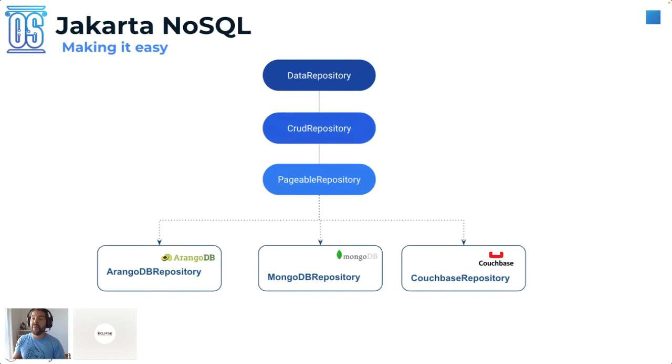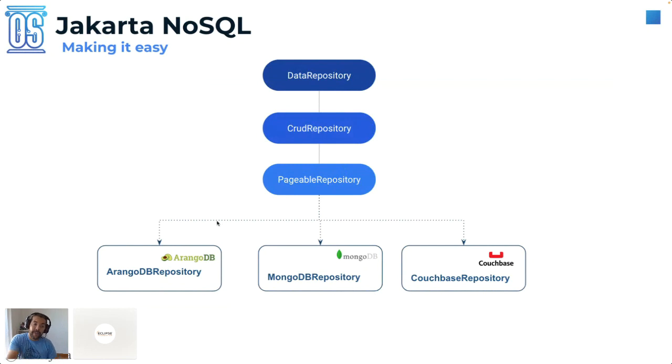Of course, everything has a trade-off in software engineering. This API is not an exception. If you go to ArangoDB, you're not able to switch, especially because there is no Arango Query Language in MongoDB or Couchbase. So if you want it easy to switch, up to the pageable repository, fine.